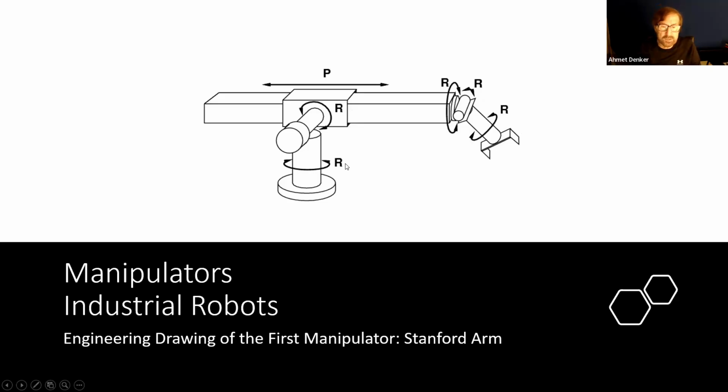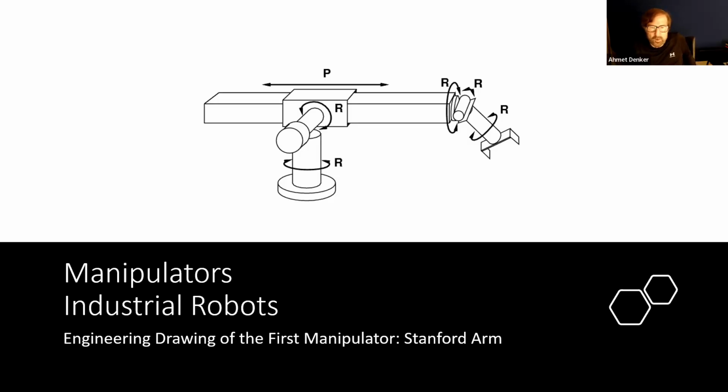So these 6 joints enable the robot to make 6 independent motions. The number of independent motions we call degrees of freedom, and we are going to come back to these definitions later, but just now keep it in your ear. The degrees of freedom: how many independent motions a robot arm can make.